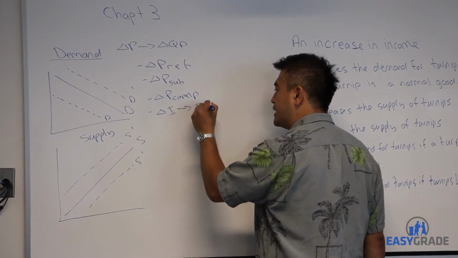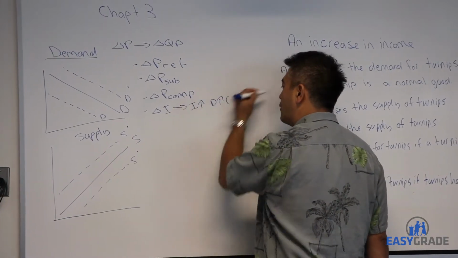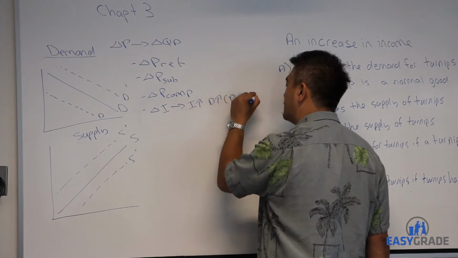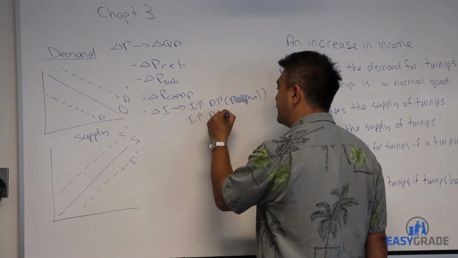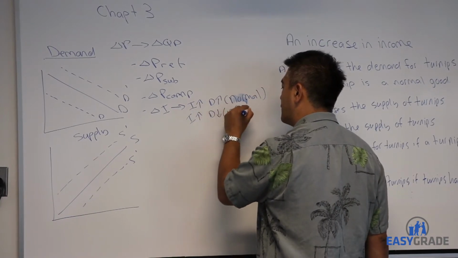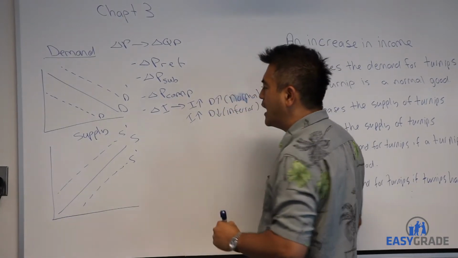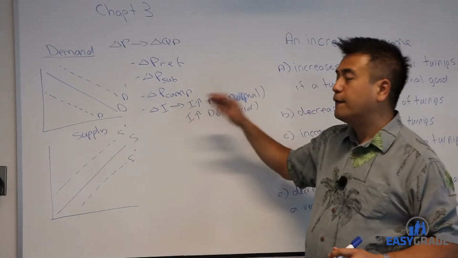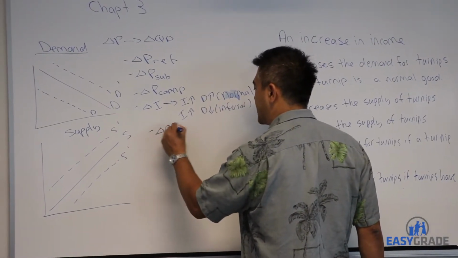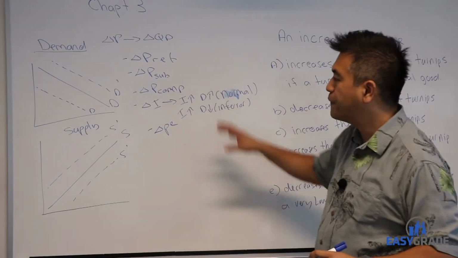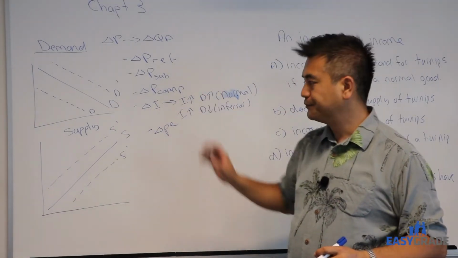So income rises, demand goes up if it's a normal good. Income rises, demand falls if it's an inferior good. Okay? And changes in future price expectations. Those are the factors that will affect the demand curve.